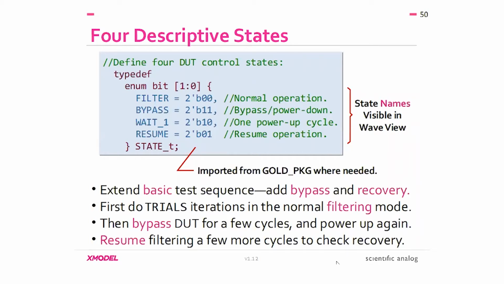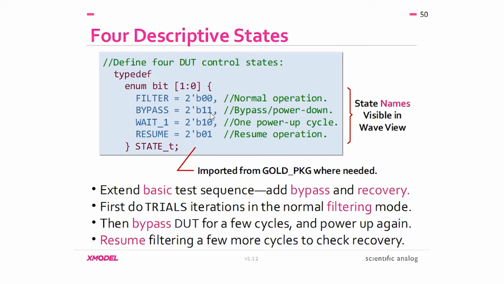We found it convenient in describing the extended test to define these 4 control states. The filter state is what we've been in all along. Bypass state is entered when that most significant control bit, control_bypass, is asserted, and we stay there for 1 or more cycles.